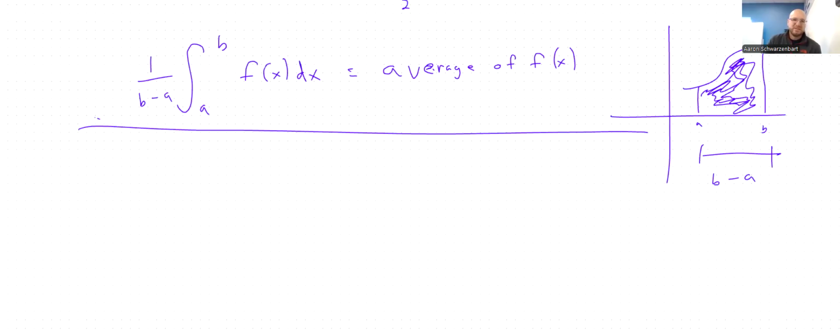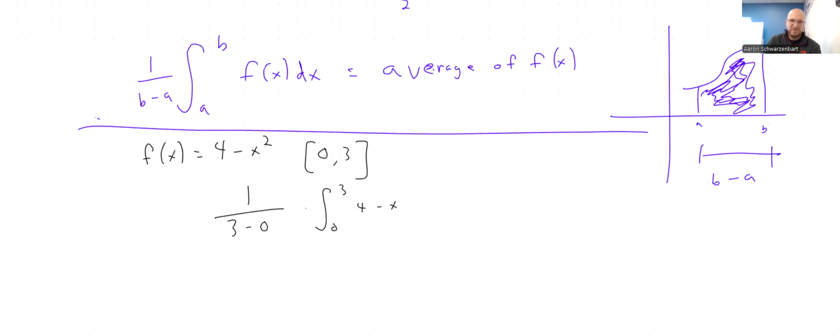So now applying this. It says find the average value of the function for this function on the interval 0 to 3. So that is 1 over 3 minus 0 times the integral from 0 to 3, 4 minus x squared dx.